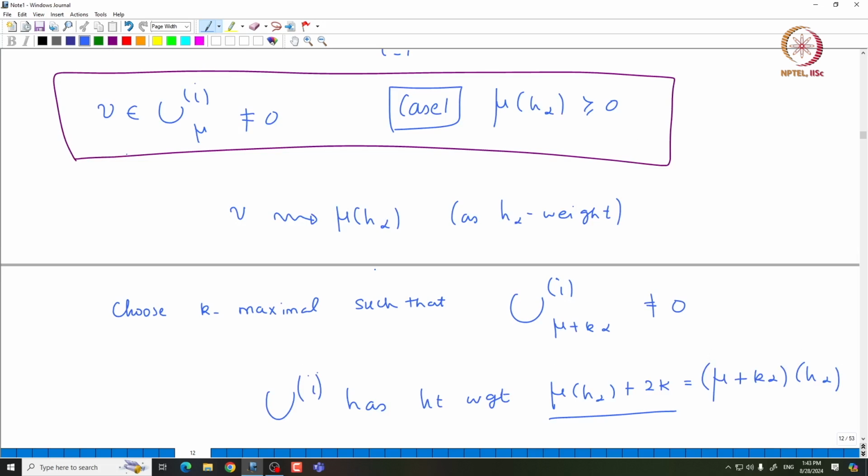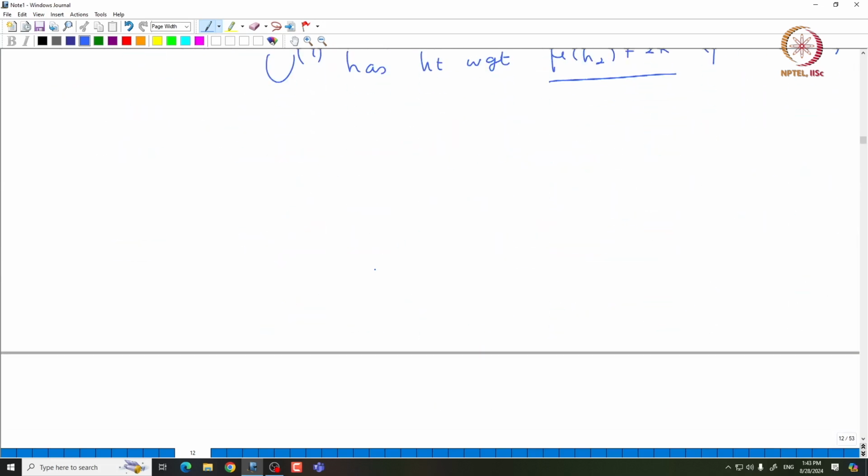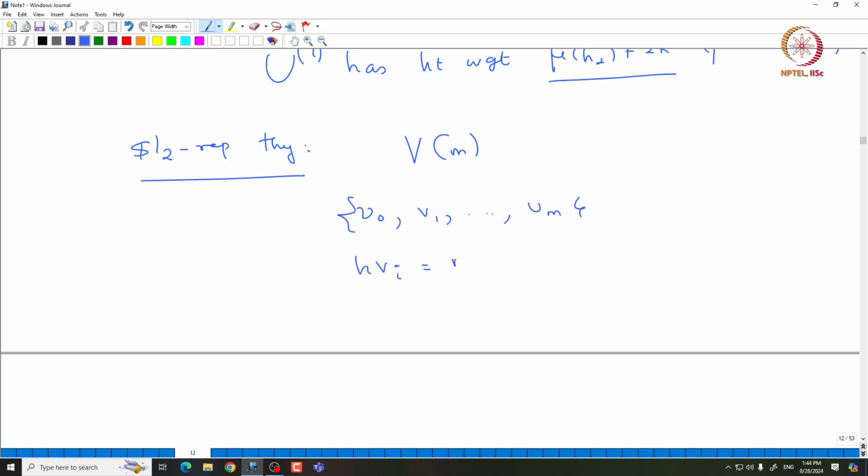That corresponds to the weight mu of h alpha. So, now go back to the SL2 representation theory. Then you can easily see that if you have this V of m, the irreducible representation corresponding to the non-negative integer m, then we have the basis V naught, V1, etc., Vm, on which h acts as m minus 2i times Vi.